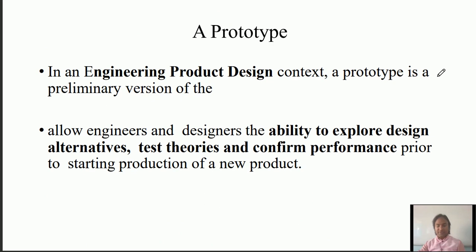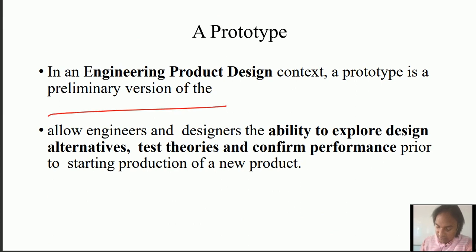Here we will talk more deeply about a prototype. In engineering terms, especially in the engineering product design department, a prototype is a preliminary version of your concept or idea. You have some idea and you are going to design it. So what will you do?